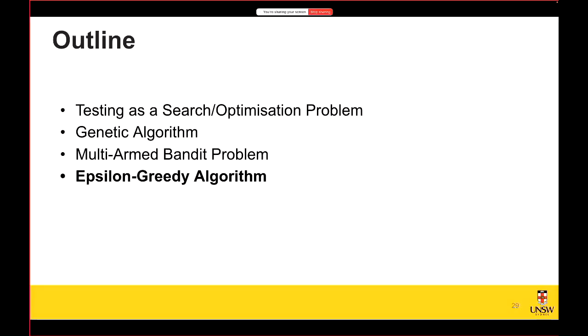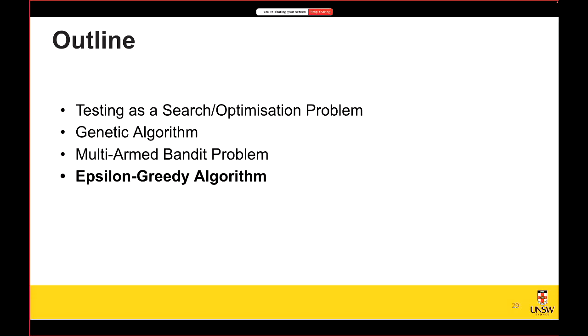This is done by using a fitness function to eliminate some of the individuals in the population. And for the multi-arm bandit, we can also view testing as a multi-arm bandit problem, because in testing we have a limited budget, which could be viewed as tokens, whether it is time or the number of executions. We can view them as tokens for us to play the gambling machine. Each decision we make could be viewed as a gambling machine.